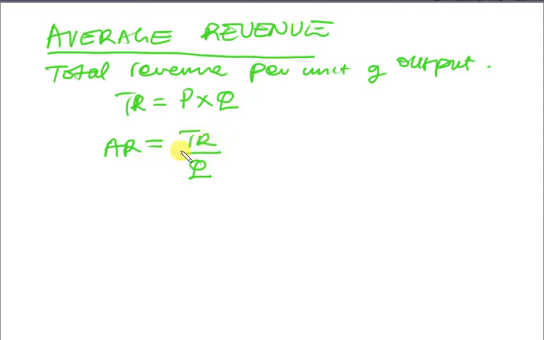But in mathematical speaking, if total revenue is P times Q, then it means average revenue can be the same as P times Q when you substitute over Q. And when you cancel this, you end up with average revenue being the same as the price. So what I'm trying to say is there is no big difference between the price and average revenue, because average revenue refers to the total amount of income you get from selling 1 unit of output.